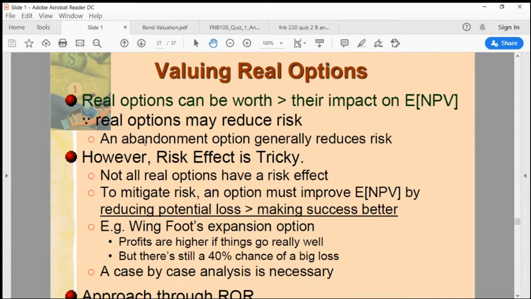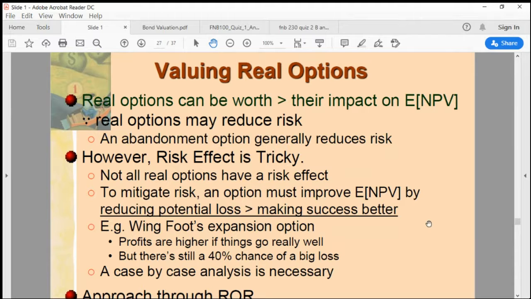And then an abandonment option, we talked about it, generally reduces risk. However, the risk effect is tricky. Not all real options have a risk effect. To mitigate risk, an option must improve expected net present value by reducing potential loss rather than making success better. Right?